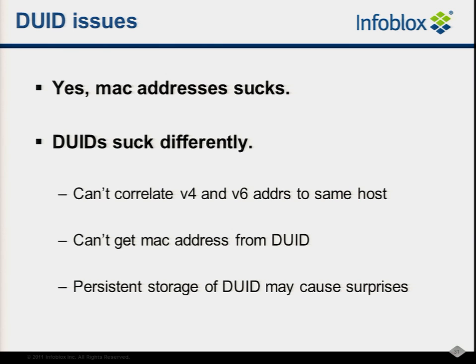There is a draft going through to insert MAC address into the relay packet in v6, and it is looking promising, but it is just at working group status. It will be a while. Until we do that, we're going to have to do other clever things to correlate those addresses.